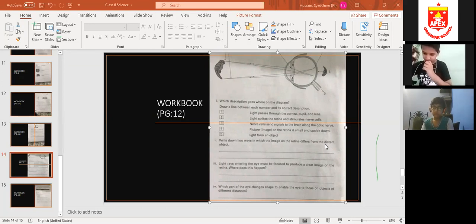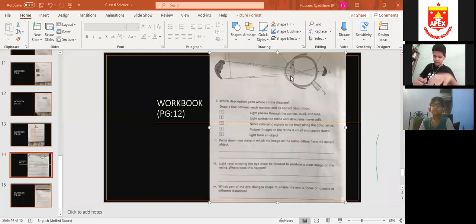Cornea, pupil, and lens. Okay, when we studied the structure of the eye, we studied about the iris, the muscles of the iris. These are the muscles of the iris, this one and this one.